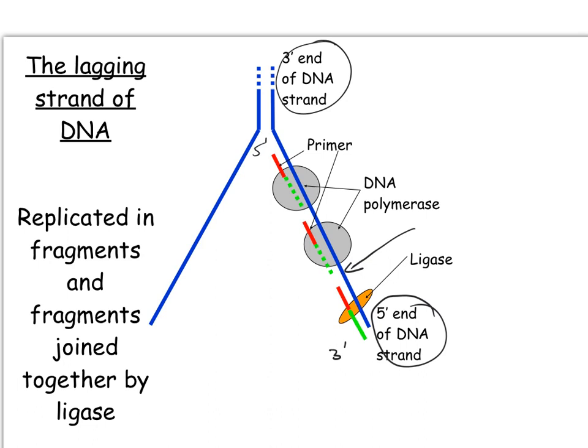have a problem because our 3' end is down here. So what happens is a primer will attach itself as this replication fork that you can see here is forming.